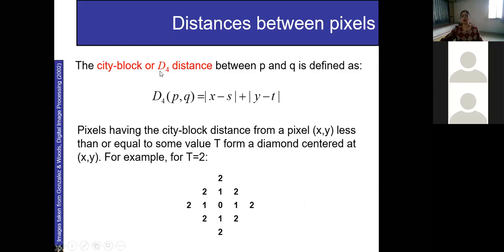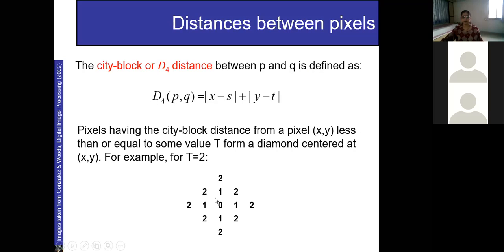So the city block or D4 distance between two pixels P and Q is defined as D4(P,Q) equals the absolute value of x minus s plus the absolute value of y minus t, where x, y are the coordinates for pixel p and s, t are the coordinate values for pixel q. So this is your city block distance method.